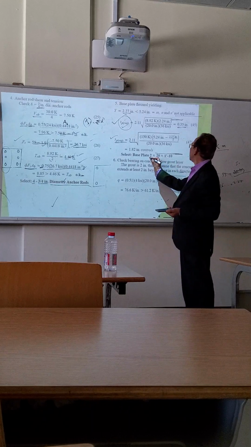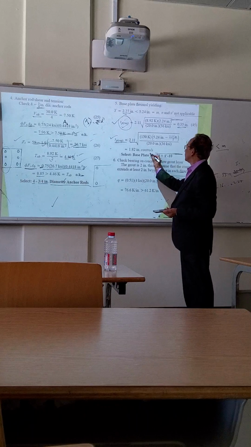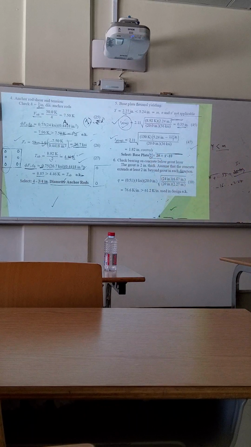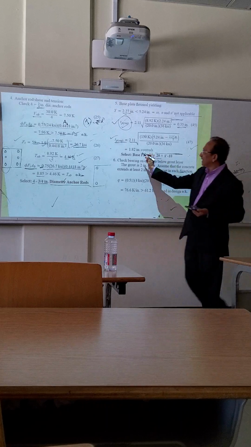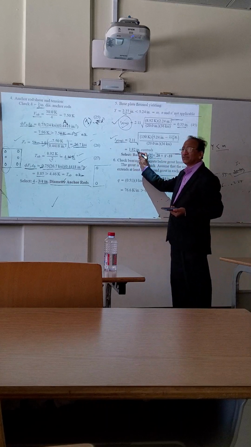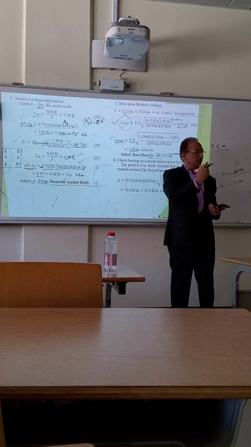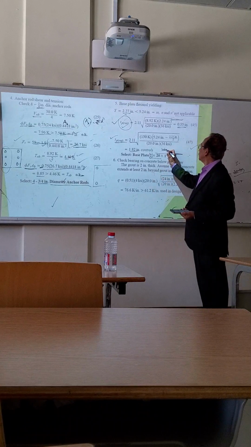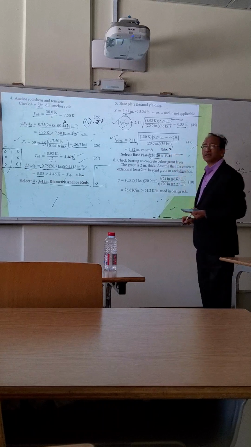Select the base plate 2 by 20. So what is 2? 2 is the thickness, because the plate is 1.82 inch. You cannot take 1.82 inch, so you round it off to 2 inch. So take 2 inch thickness. Right?